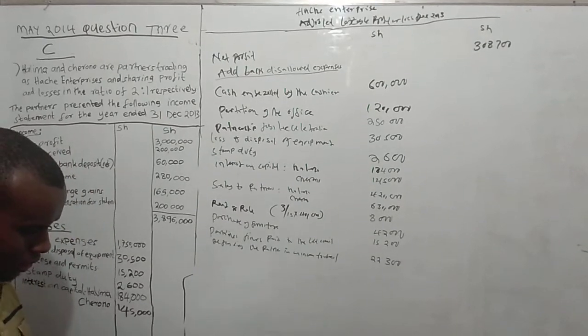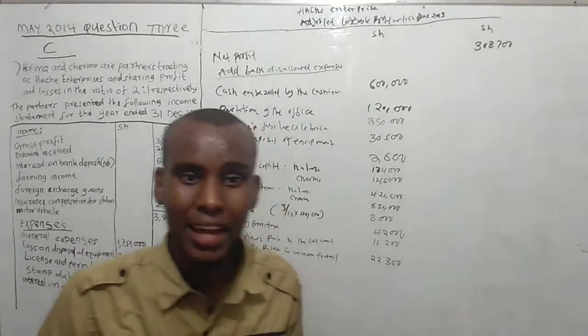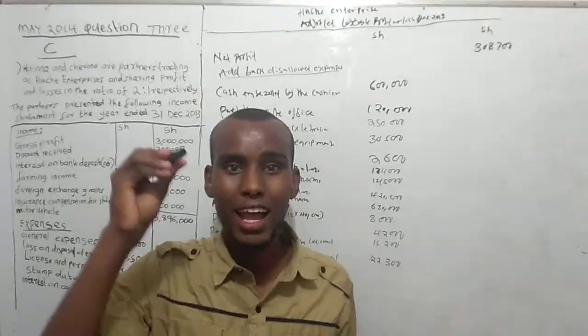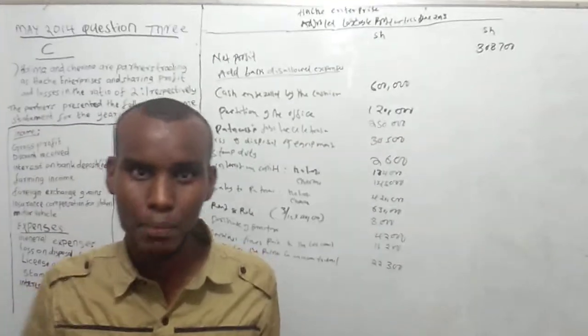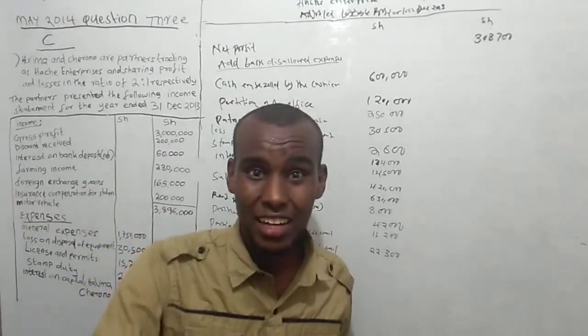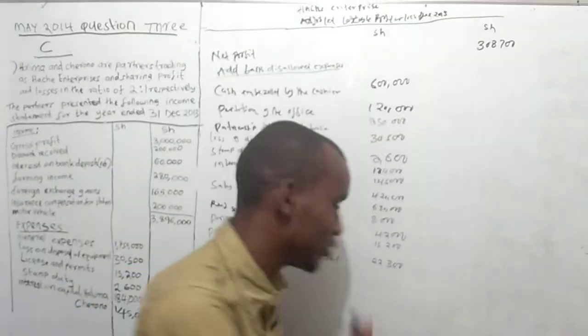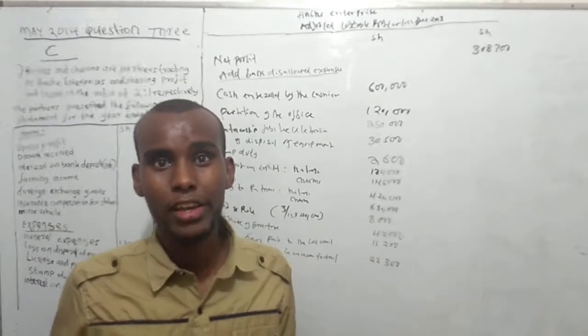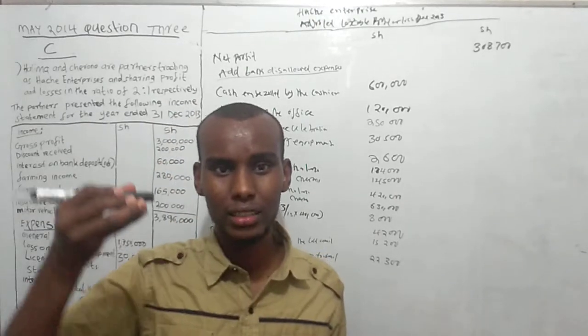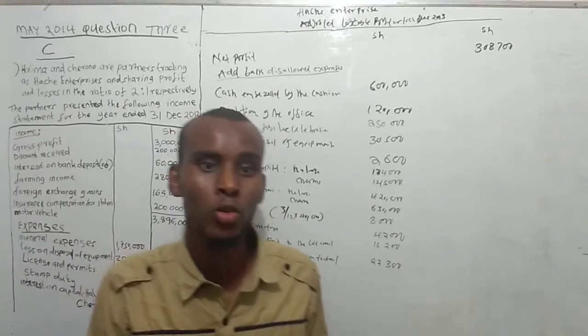Drafting lease documents, 100 years. Remember, under a lease, it is only allowable up to a maximum of 99 years. But this one has exceeded 99, we are told 100 years. If it had been less than 99, we would not have taxed it.